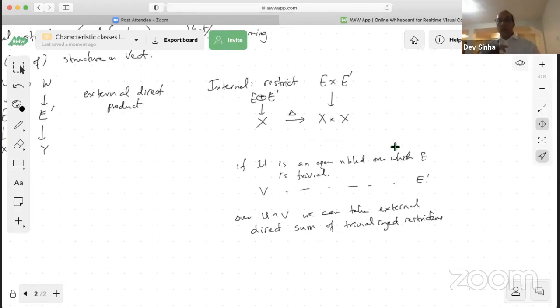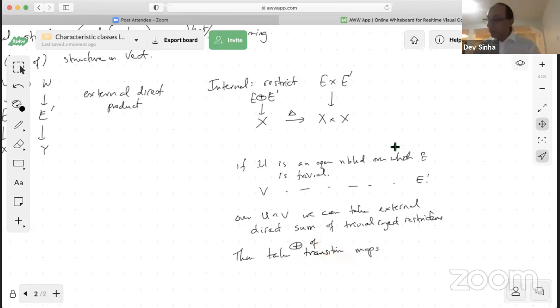And then we had these transition maps. So now what you have to do is take the transition maps and take their direct sum.